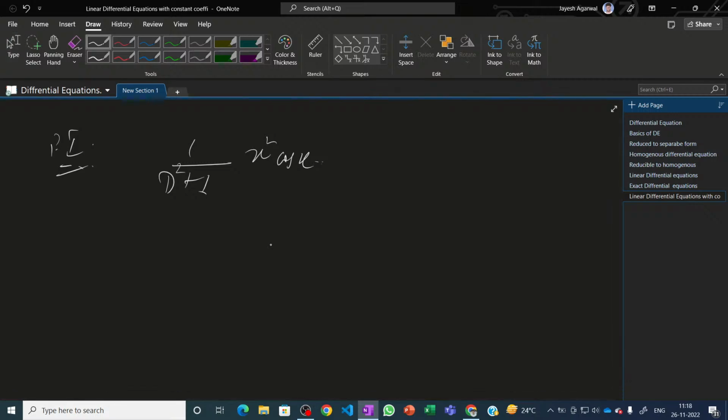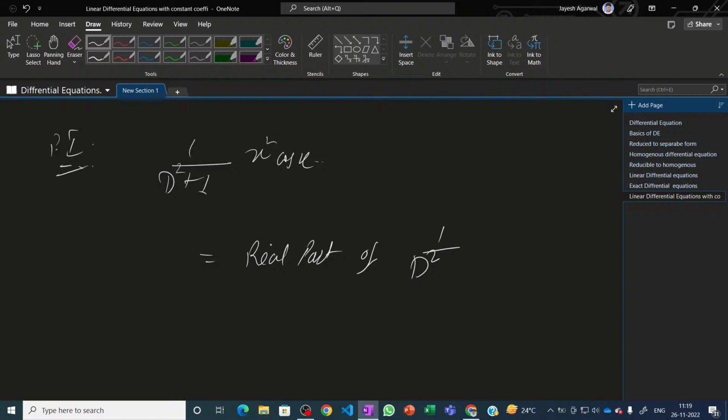So we will write cos x as the real part of the whole. There are two parts mainly in e raised to power ix. One is real and the second is imaginary. So the real part is e raised to power ix and the imaginary part would be e raised to power minus ix. So we will write cos x in terms of the real part of the equation.